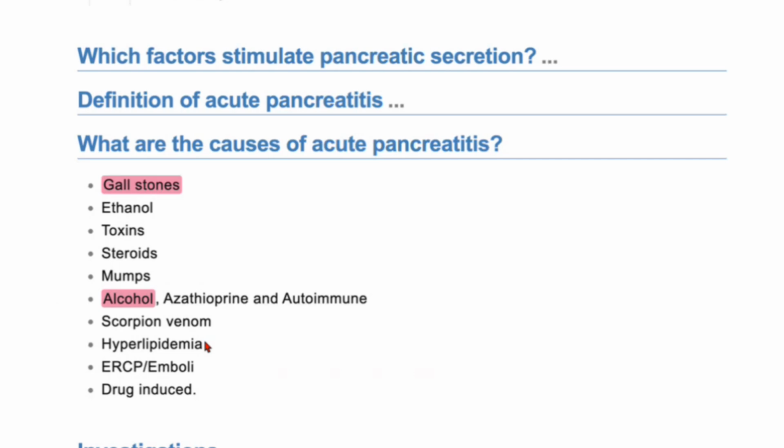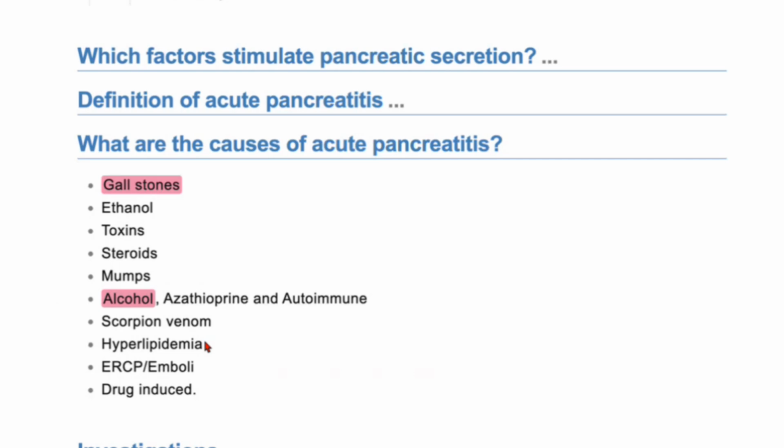I'd want to do an ABG to determine whether the patient has a metabolic or respiratory acidosis. I'd like to organise some non-invasive imaging, such as a plain abdominal X-ray and an ultrasound scan to rule out gallstone pancreatitis, and consider a CT thorax, abdomen, and pelvis to rule out pseudocyst or evidence of pancreatic necrosis.